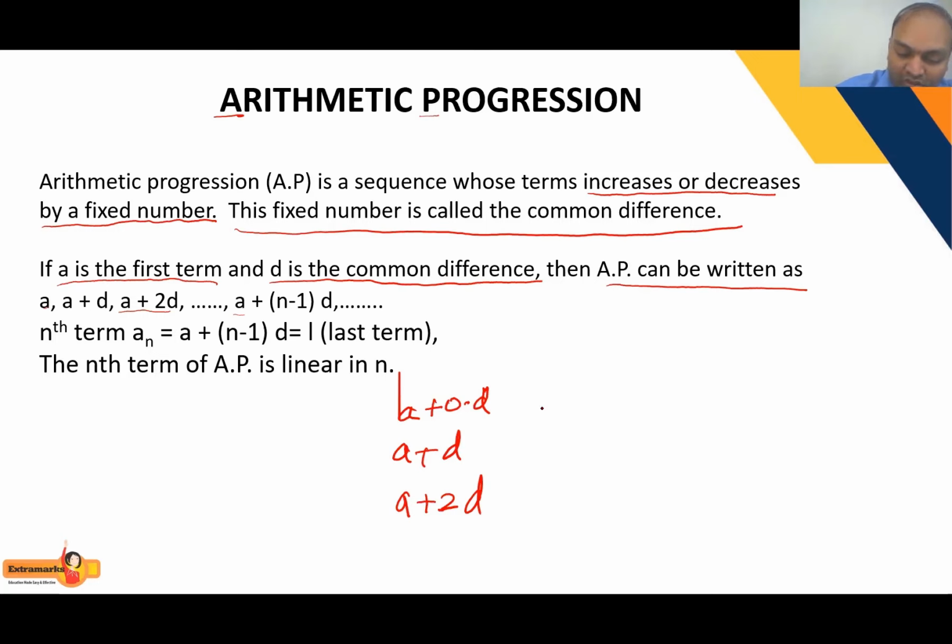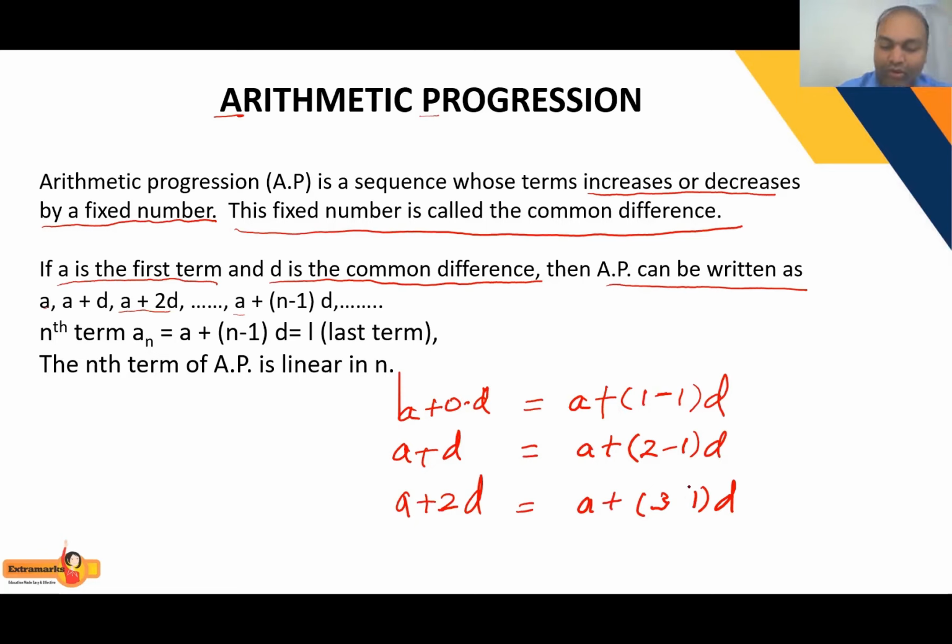Observe this one. A plus 0 can be written as a plus 1 minus 1 into d, and a plus d can be written as a plus 2 minus 1 into d, and a plus 2d can be written as a plus 3 minus 1 into d.